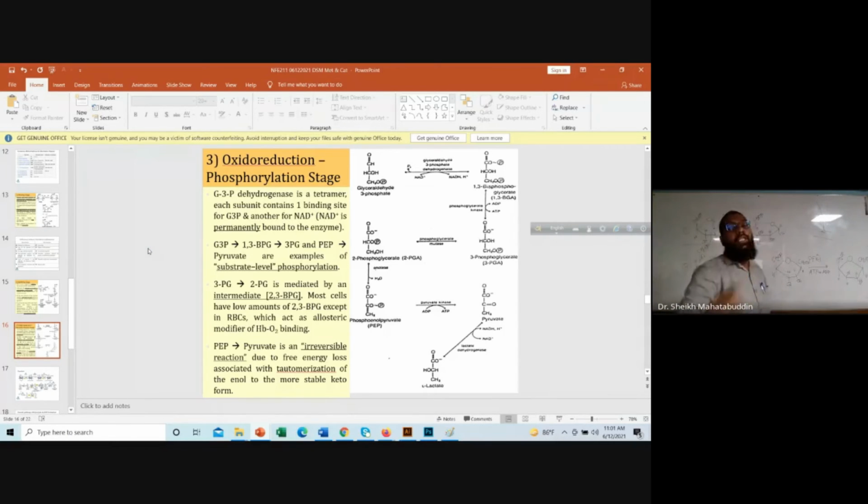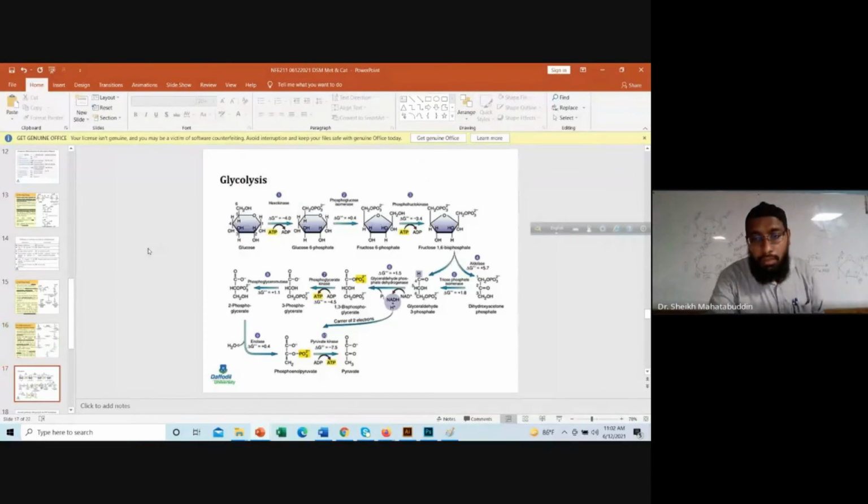And from pyruvate, lactate is formed. So these three stages basically ensure the glycolysis process of glucose, converting it from a 6-membered ring to a 3-membered ring. And further oxidation will sometimes produce carbon dioxide. Okay, and then it is gone. So this is the total process I talked to you about.